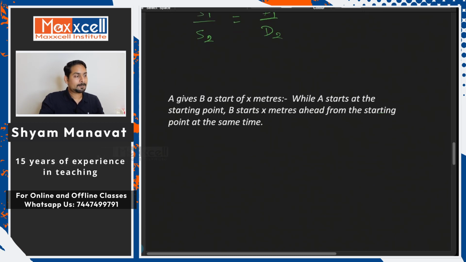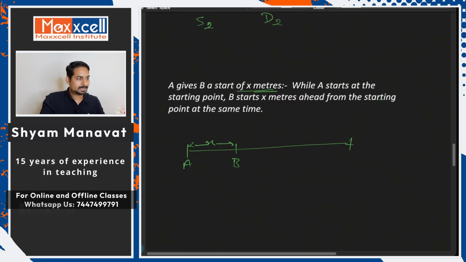Okay, here I have A gives B a start of x meters. It means when A is at the starting point, B is going to start x meters ahead of the starting point. Now tell me one thing. Let's take one example.